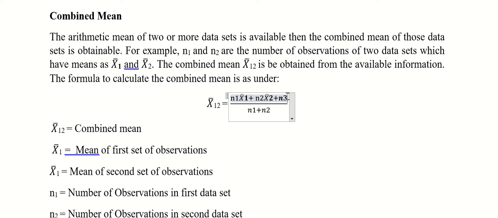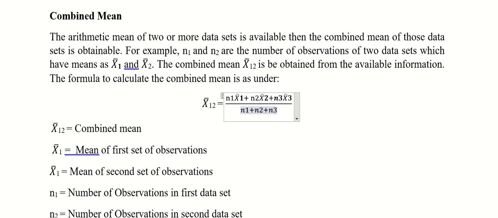So here we can add in case you need. And in the denominator also we will increase, so it will become plus n3. It depends upon how many data sets you have, you can increase, and there is no limit, up to n number of data sets.